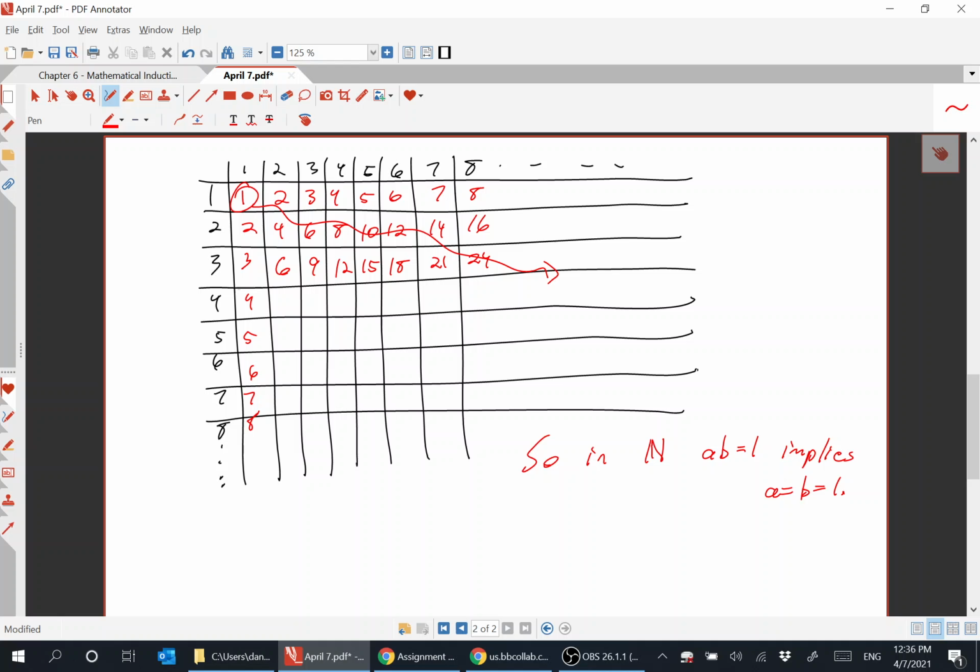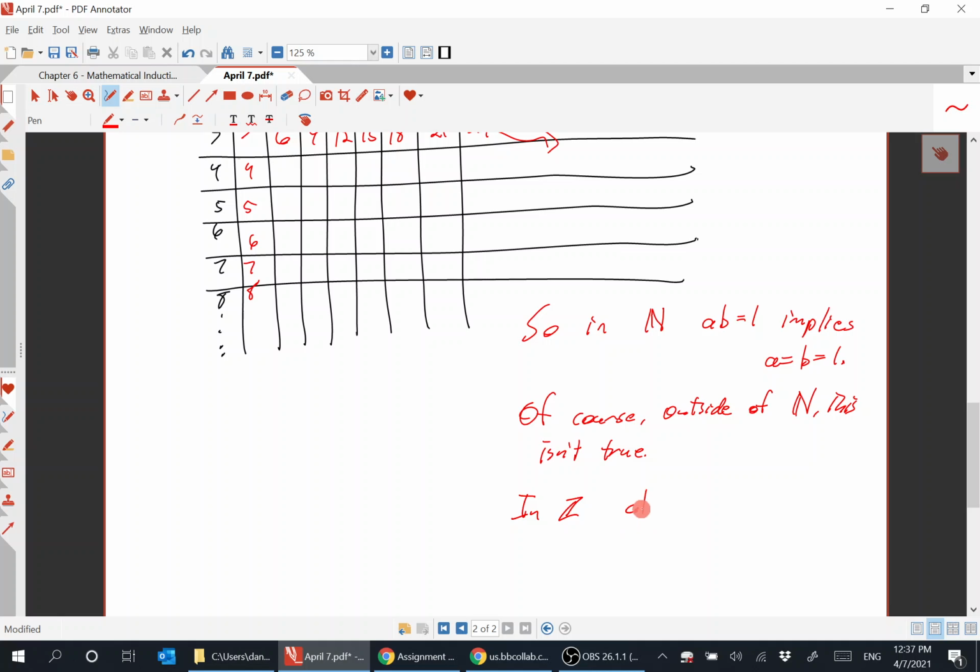Now, of course, this is not true outside of N. This isn't true in Z, for example. a times b equal to 1 implies what?